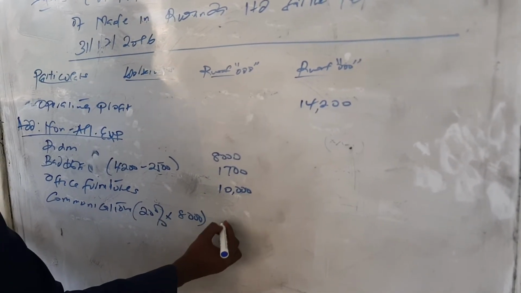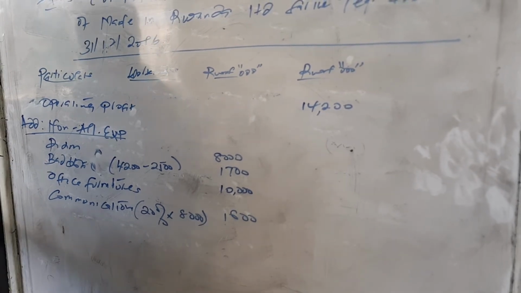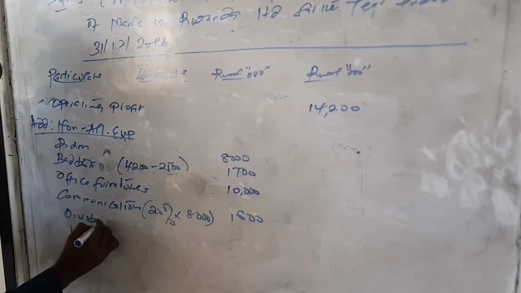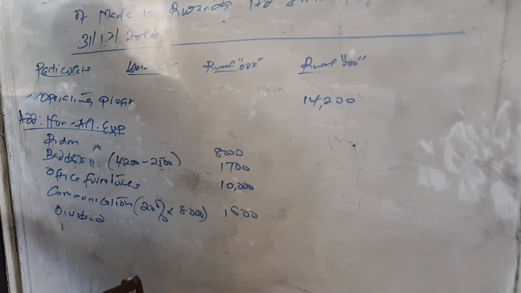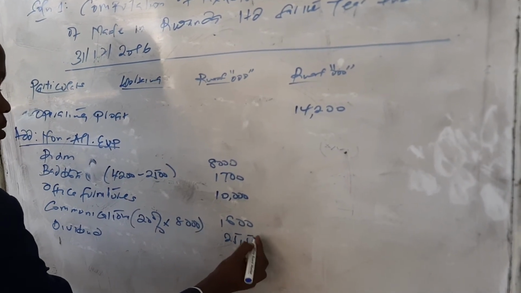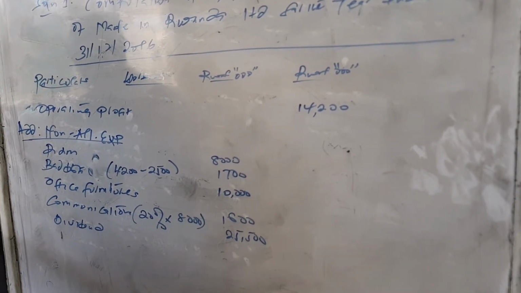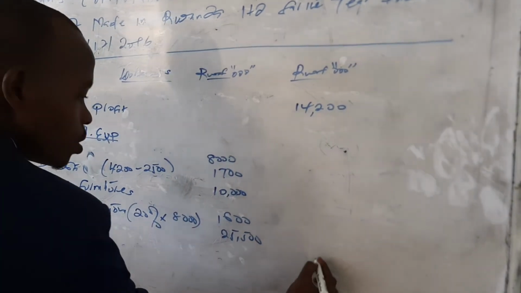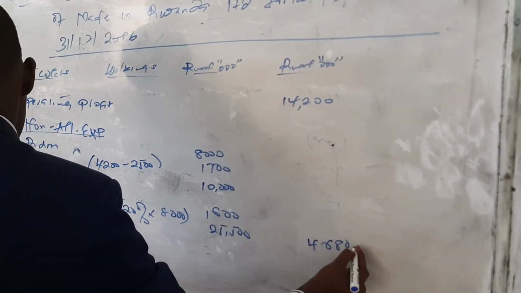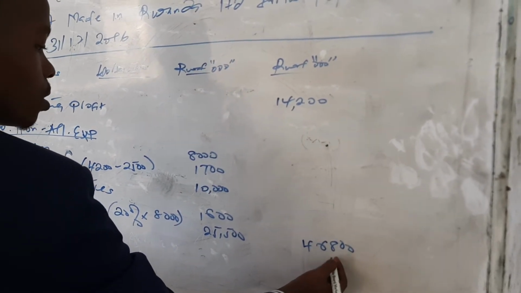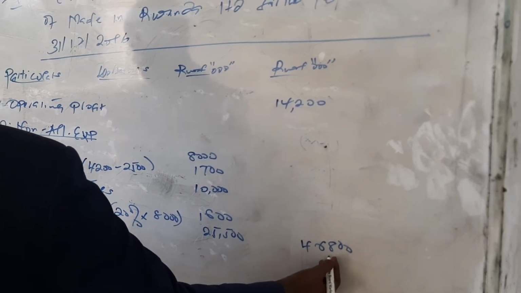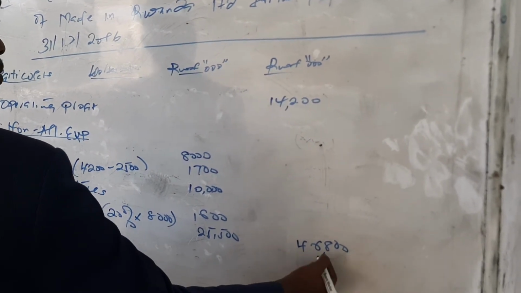So this gives us 1.6. And we have dividends as a non-allowable expense, which is 25 million. So therefore, the total is 46 million 800.